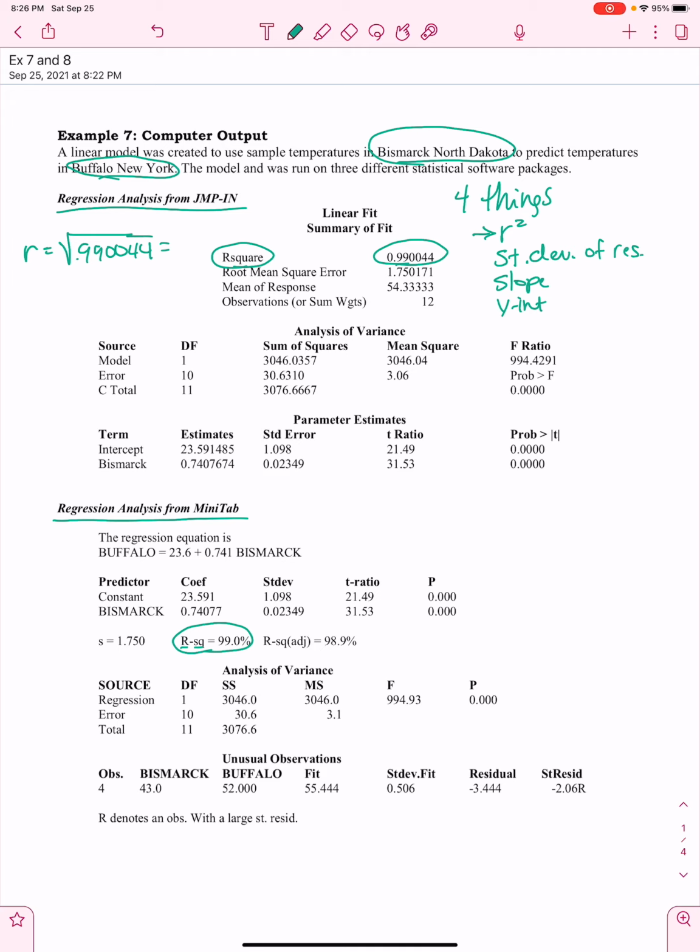Okay, the next thing we're going to tackle is the standard deviation of the residuals, because remember, the standard deviation of the residuals tells me how much typical variation I can see in my values as it pertains to the distance away from the LSRL. So for this one, it's a really weird name. It's the root mean square error.